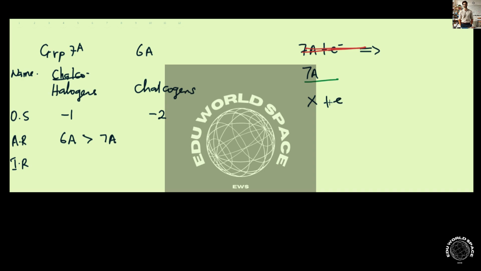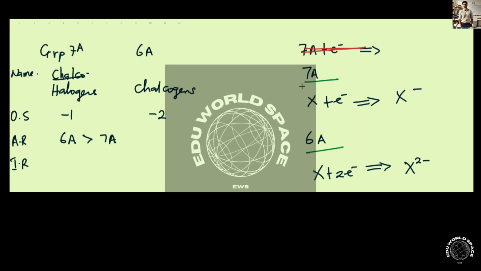When it gains an electron, they can only gain one electron because they need one electron to complete their octet configuration. You form hex minus, and then group 6A, they can gain 2 electrons, because they need 2 electrons to complete their octet configuration. They form X2 minus.